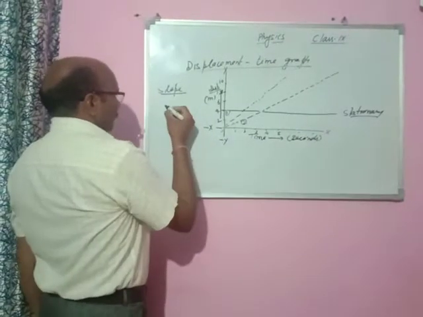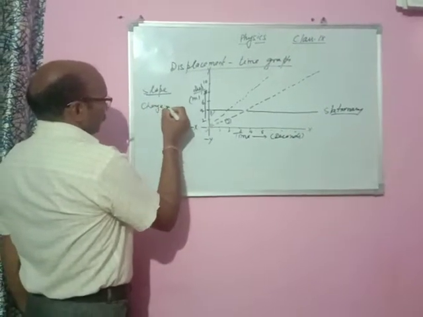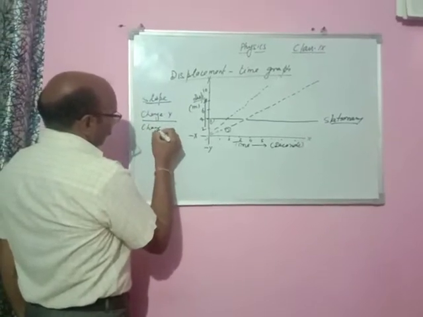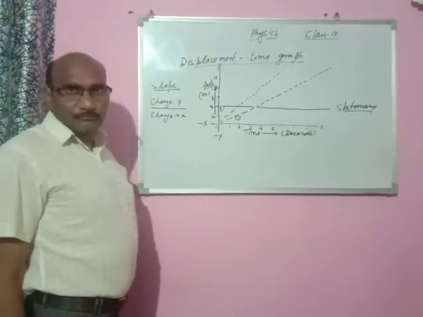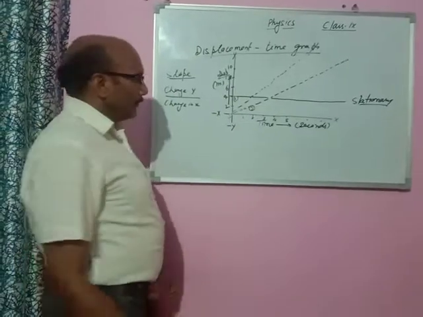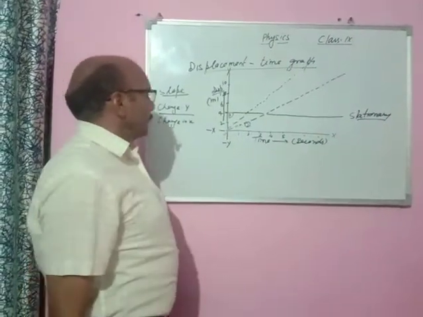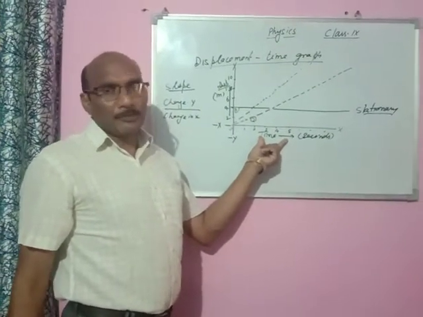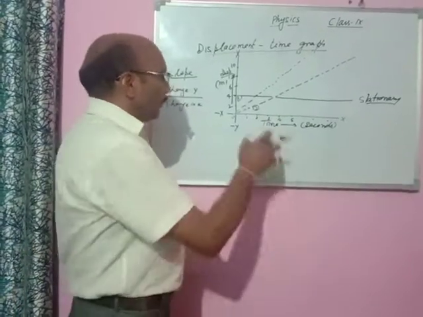Slope is change in y upon change in x. I will tell you slope in detail. So, the slope of the displacement time graph always gives us the velocity of an object. Okay, I will tell you how to find the slope.